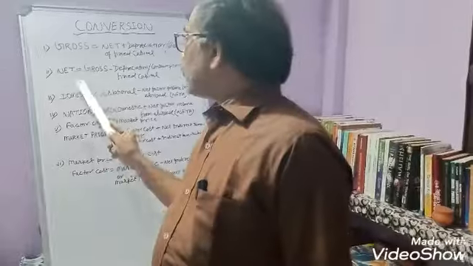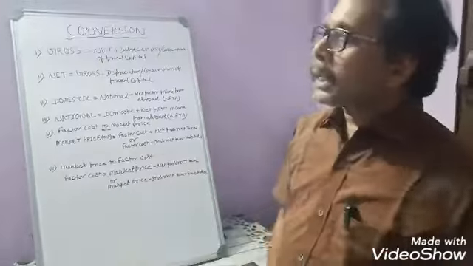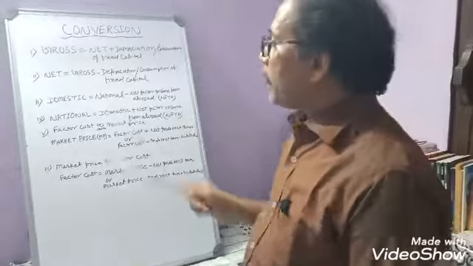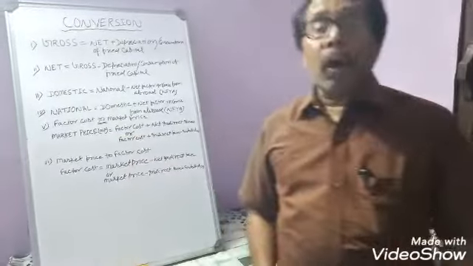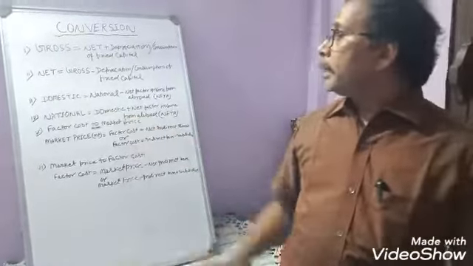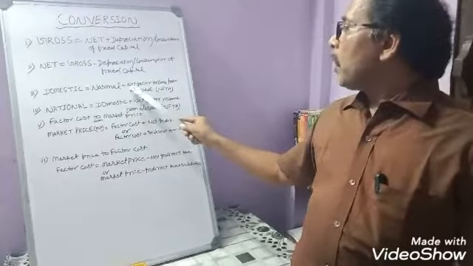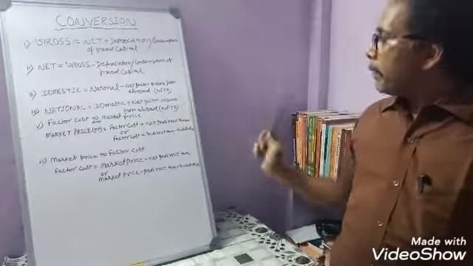Now another term is the domestic. Suppose you have the national income, but you have to calculate domestic income. So how will you calculate the domestic income? We will subtract the value of net factor income from abroad.